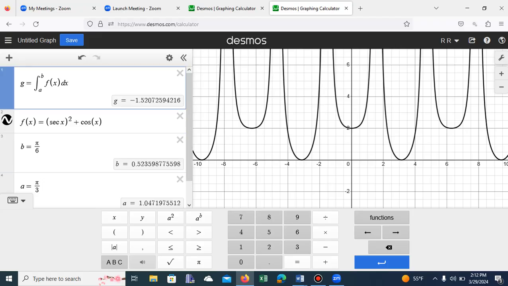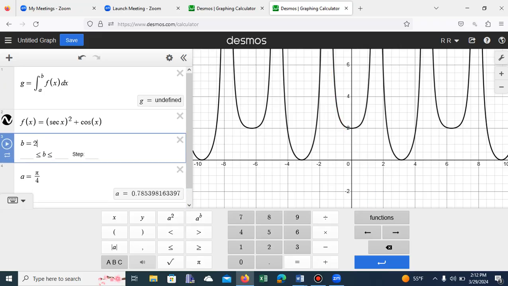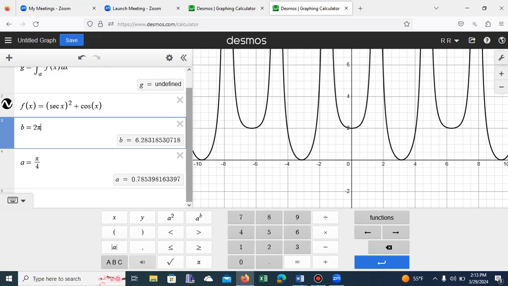Okay. But if we do the limit we had, which was pi over 4 to 2 pi, we get it as undefined. That's because it's going over a specific piece. And so there's other methods we'll eventually get into how to do these integrals.